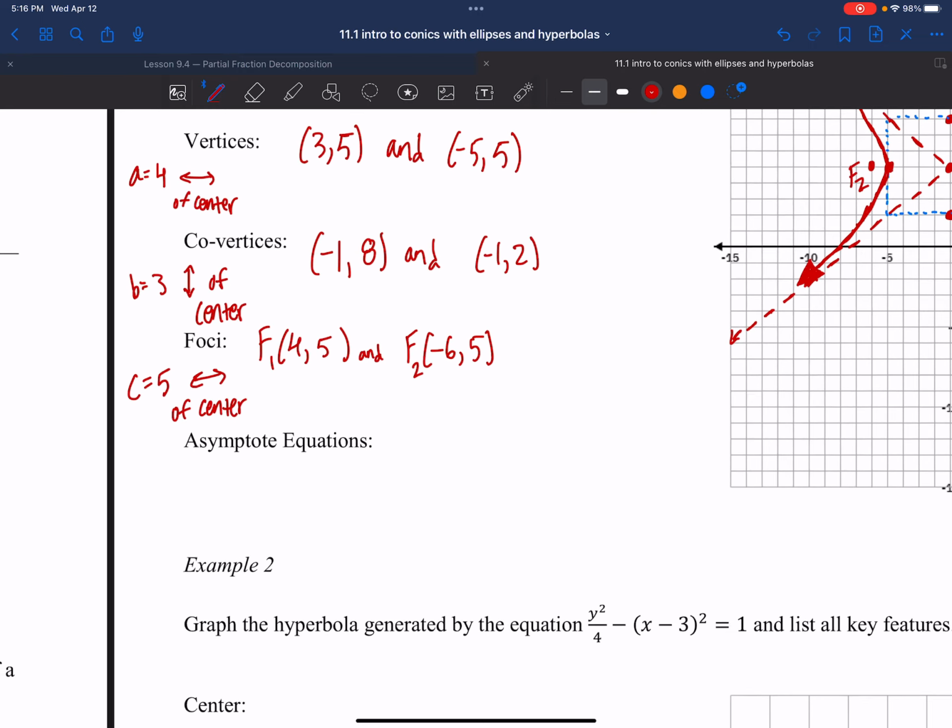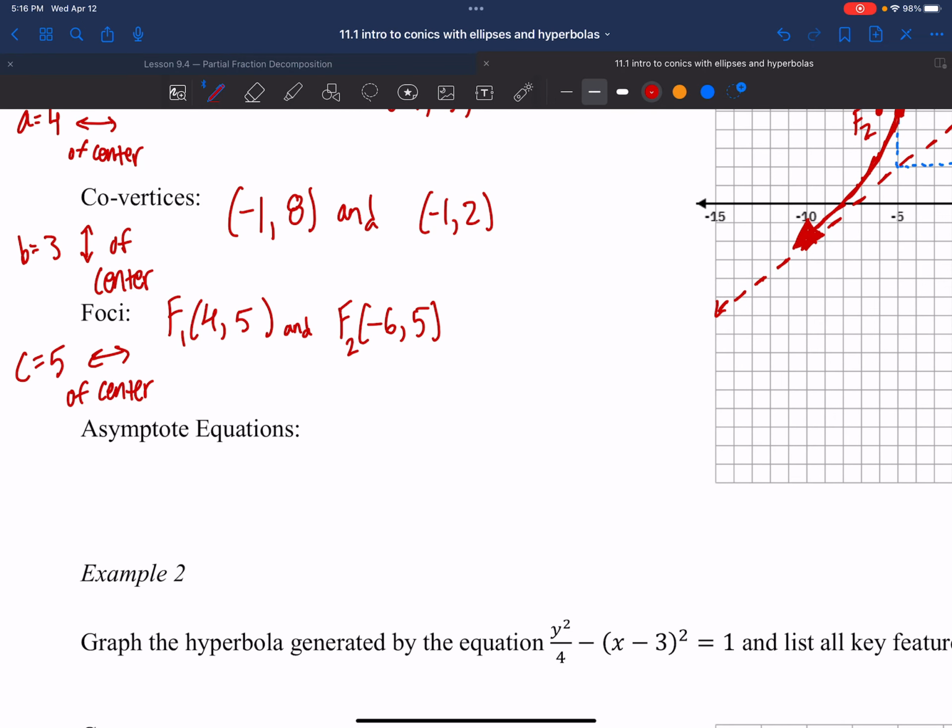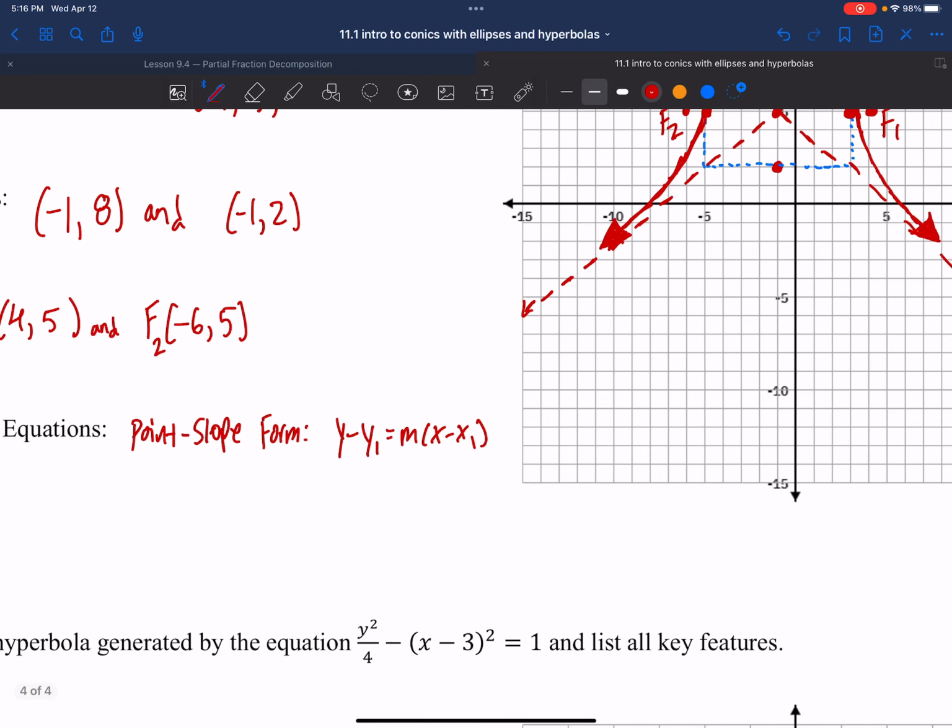And then your asymptote equations, well, do you remember point slope form? Okay, so you can write it in point slope form. I'm not going to grade picky on this. I just want to make sure you got the slope and the point, okay? It's y minus y1 equals m times x minus x1. That's from Algebra 1.